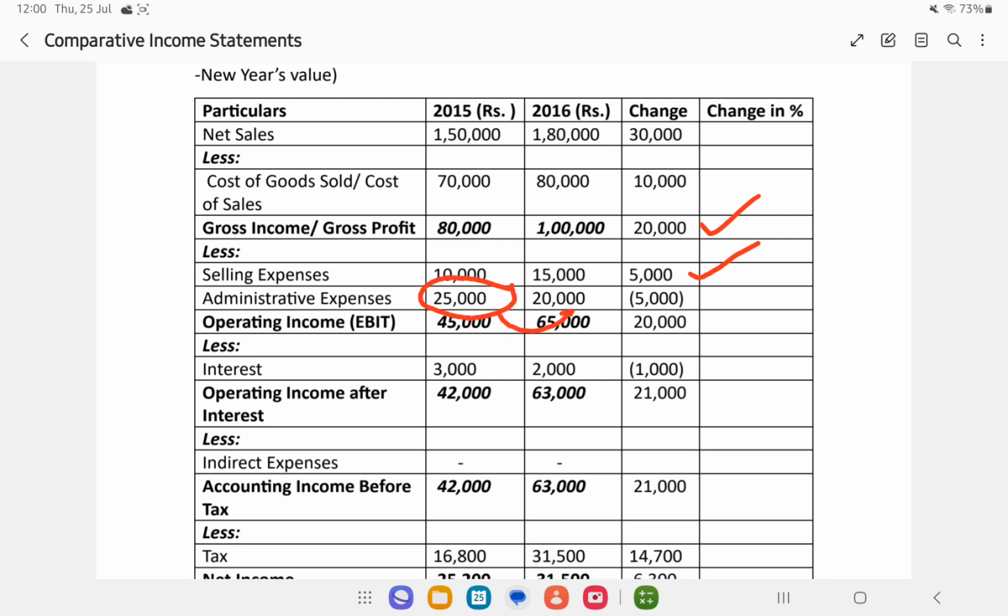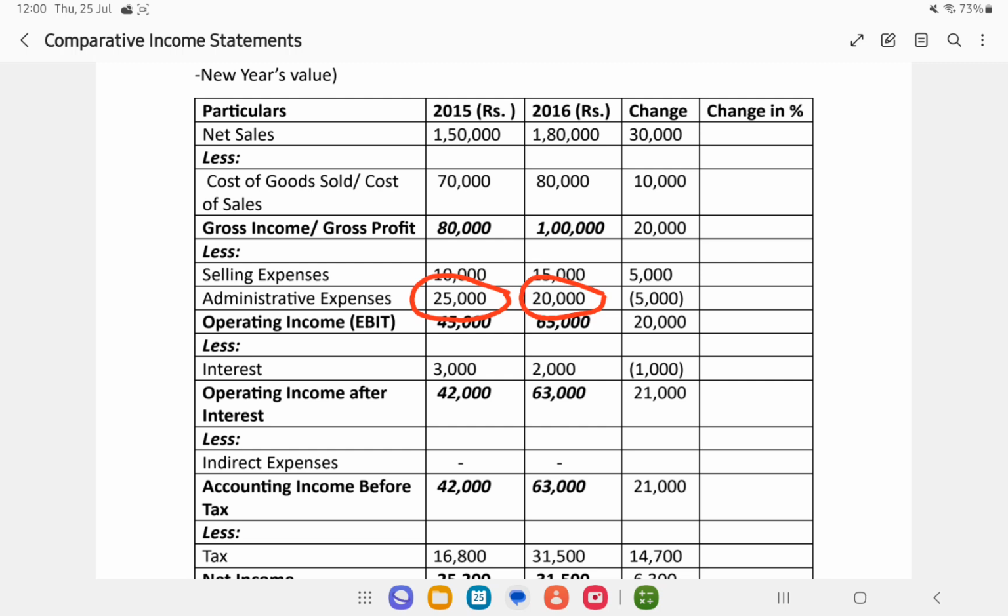And what happened in 2016? It's just 20,000. So there has happened a decrease. The administrative expense was 25,000, and in 2016 it is just 20,000 rupees. So there happened a decrease.